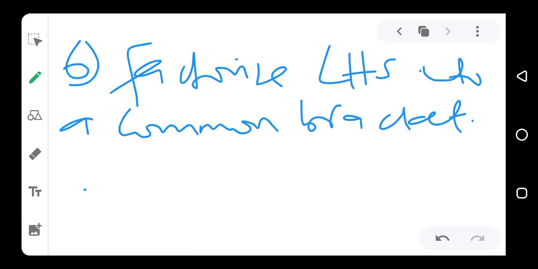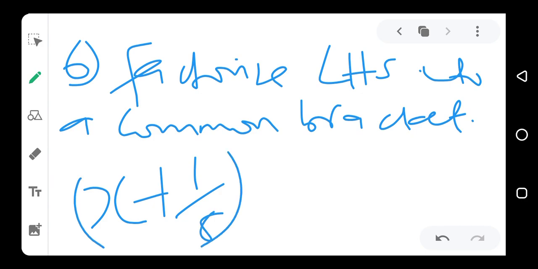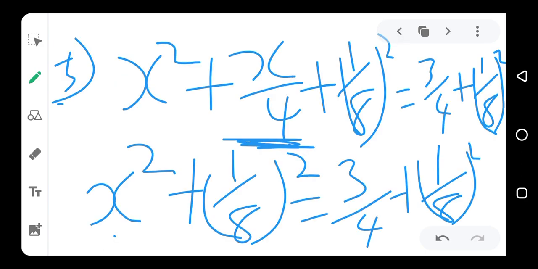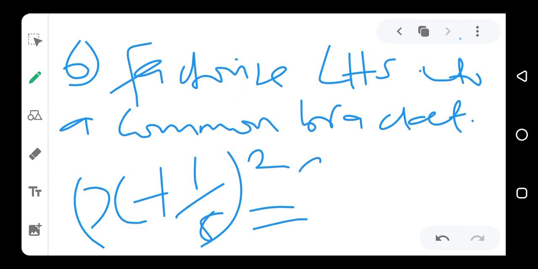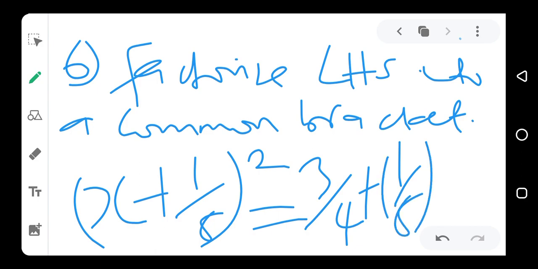So it becomes x plus 1 over 8, everything raised to power 2, is equal to what we have in the right hand side, which is 3 over 4 plus 1 over 8, everything squared. Now we simplify the right hand side.